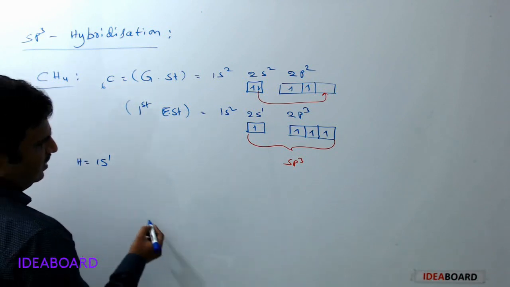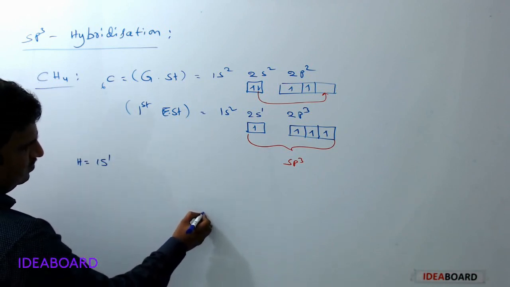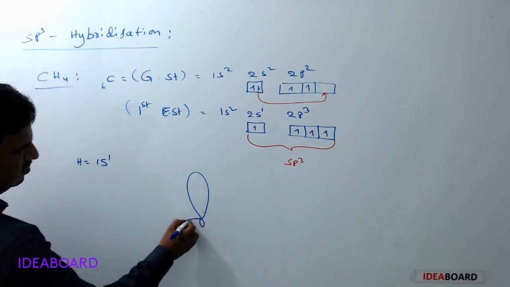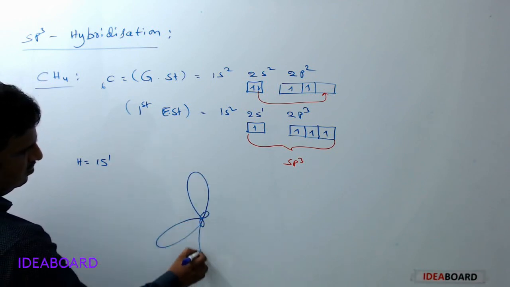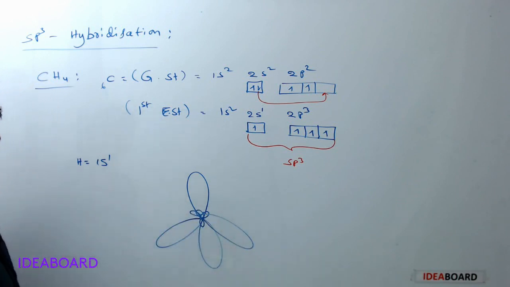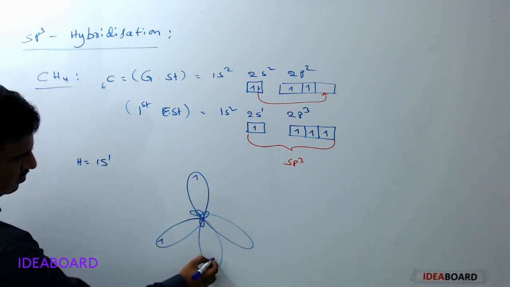And now I am writing the CH4 molecule. Here, first the carbon's 4 hybrid orbitals: this is the first, this is second, this is third, and this is the fourth. Each hybrid orbital has a single electron.